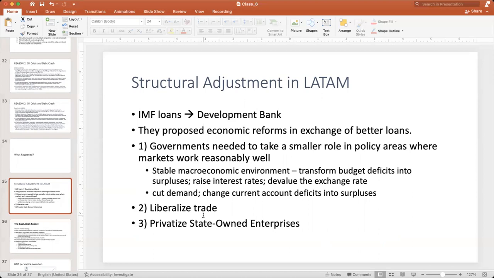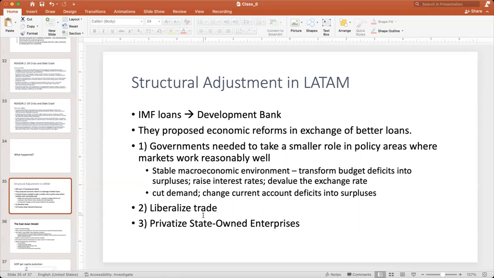However, the IMF, trying to expand these neoliberal ideas of the free market and so on and so forth, proposed to the Latin American countries to implement economic reforms in exchange for better loans and the reduction of the interest rates. This is something that is called the Washington Consensus that we are going to cover in the last week of this class.